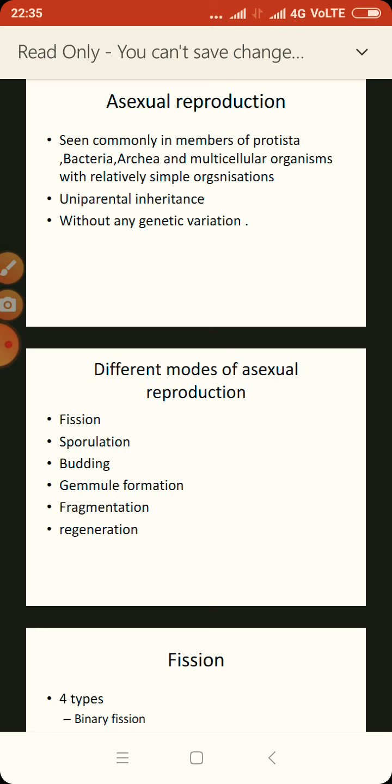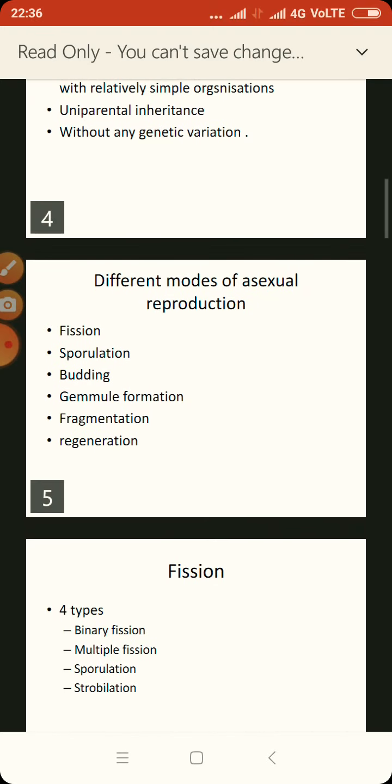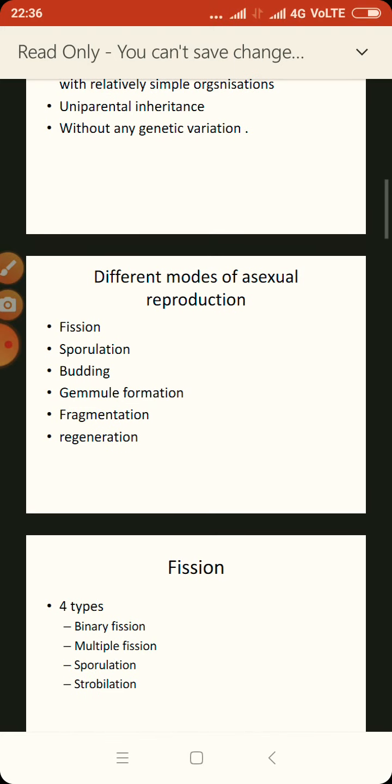And for asexual reproduction, two parents are not required, so we call it uniparental inheritance. Without any genetic variations, we do not see a major variation in such living organisms.